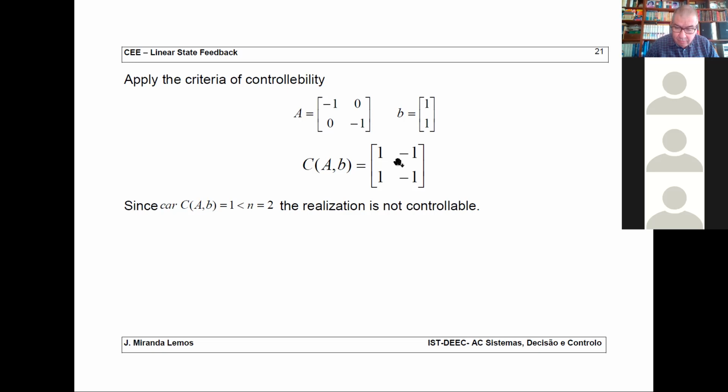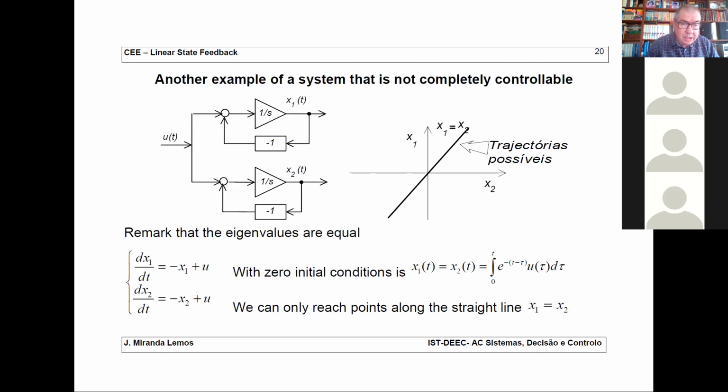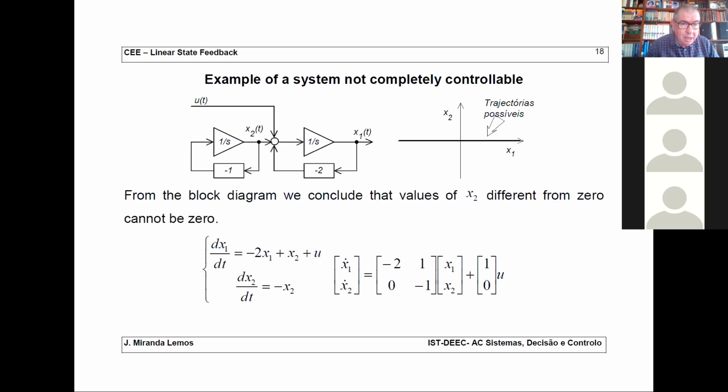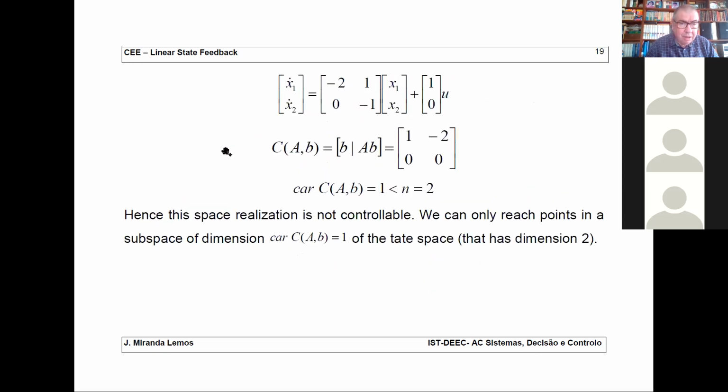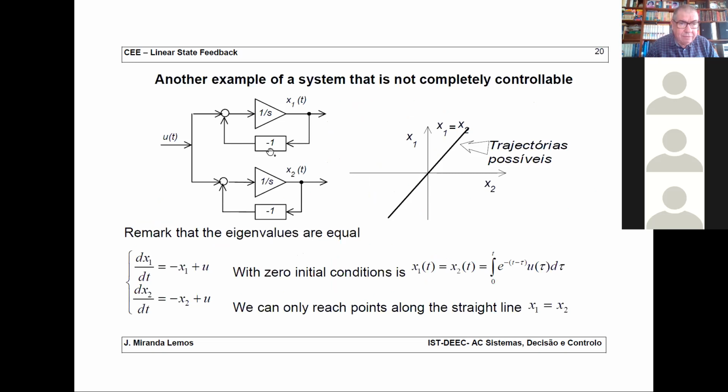Actually, in these two examples, you see, in one example you are not affecting the part of the system which is not controllable. In the other example, you have states that are proportional one to the other.